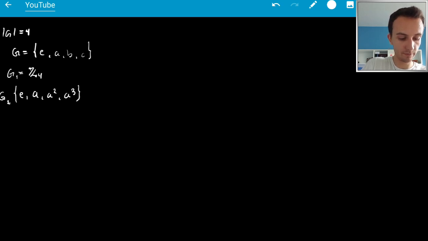Let's call it G1, G2. G1 is E, A, A squared, A cubed. Why do I write it like this? Because A times A is A squared, A times A cubed is E, for example, and so on. So it's going modulus 4.